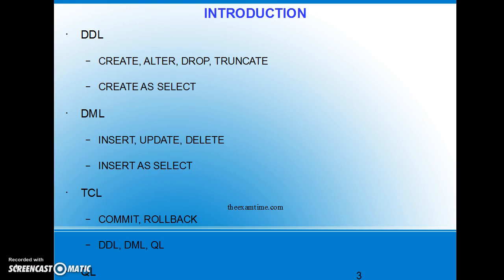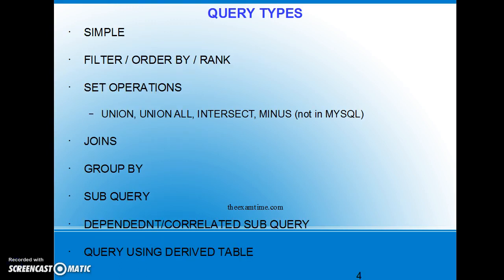In a database transaction, we need to commit or rollback. So DDLs do auto commits, and DMLs can be committed or rolled back, and query language doesn't need any commits or rollbacks. For simplicity, we use the employee table and department table from the Scott schema.